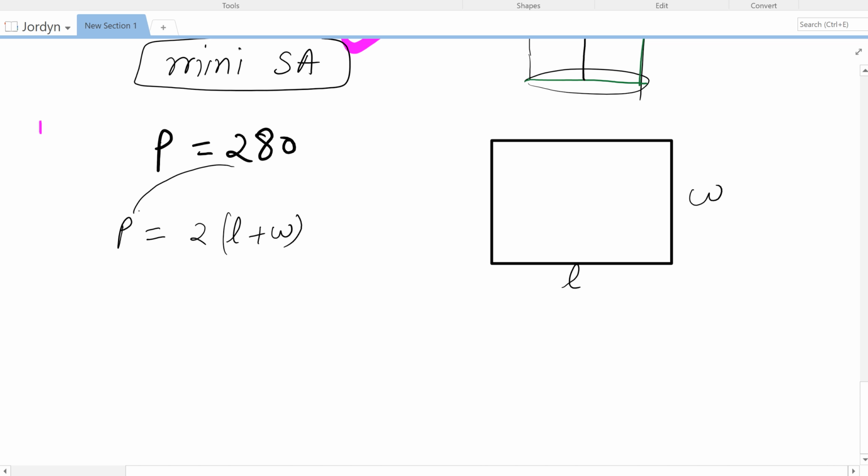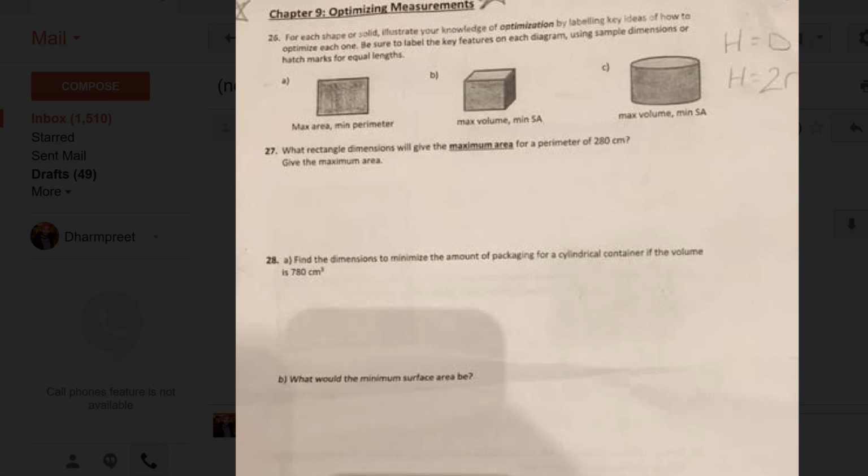So I substitute this P in here. That is going to be 280 equals 2 times L plus W. Now the question is, what will be the L and W so that the area is maximum? What rectangle dimensions will give maximum area for perimeter 280 centimeters? Sorry, maximum area, not minimum.